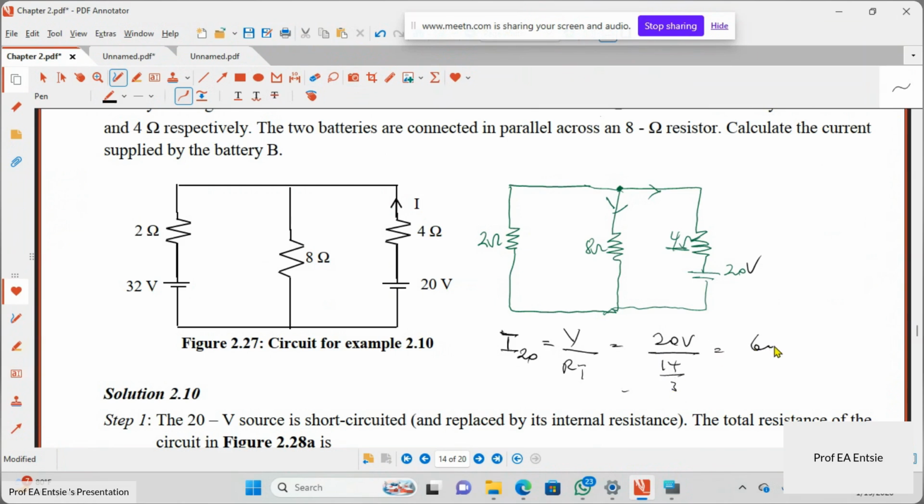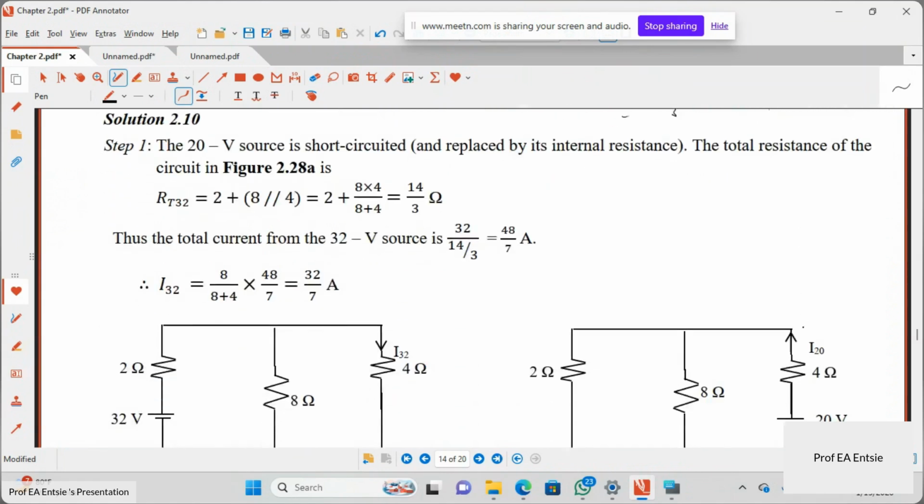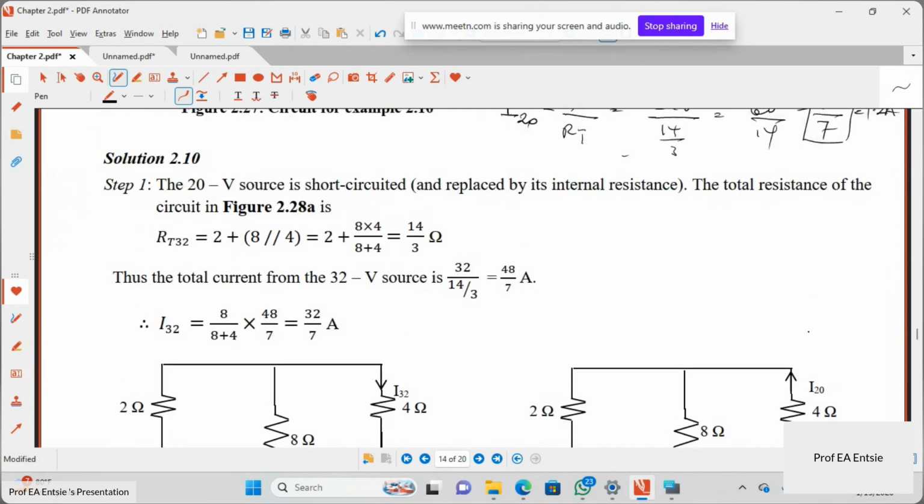So this gives me 60 over 14, then 30 over 7, which is about 4.2 amperes. That will be the current caused by the 20 volts.